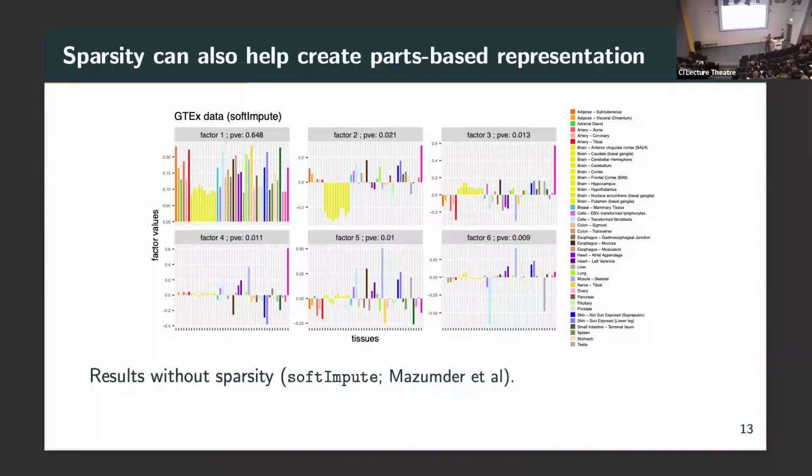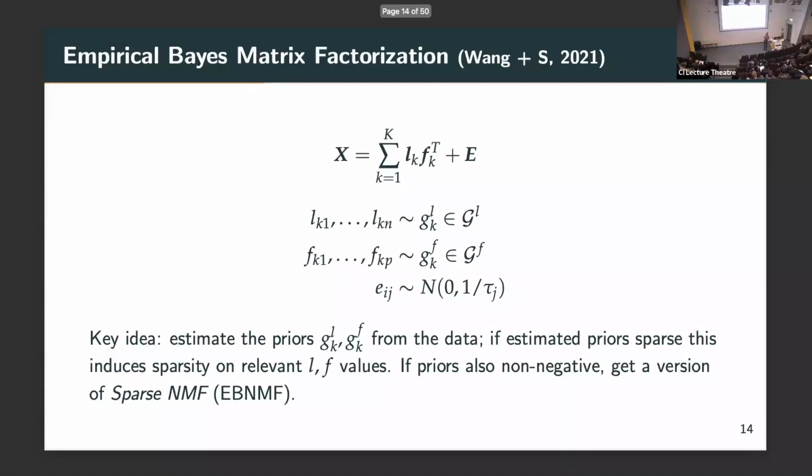And then everything else, I don't know what's going on. I mean, it's an eigenfunction of some covariance matrix, right? That doesn't really have this interpretation the same way. It's not such a parts-based representation as the one that's picking out skin-specific and heart-specific factors. So sparsity can help create parts-based interpretable decompositions.